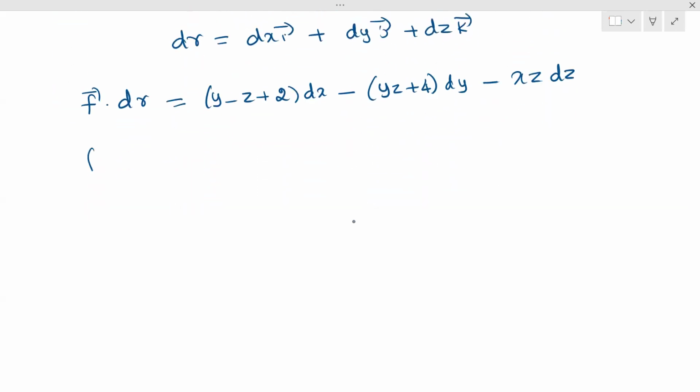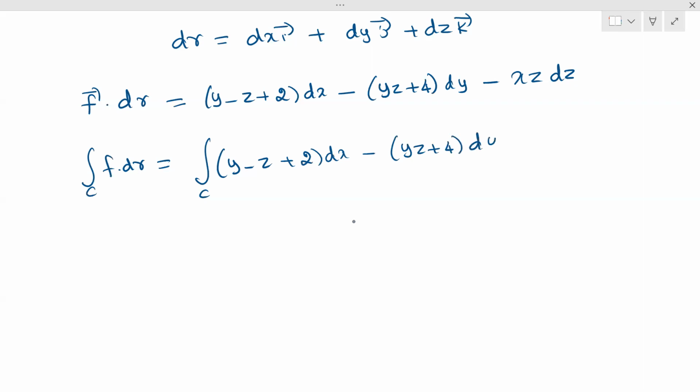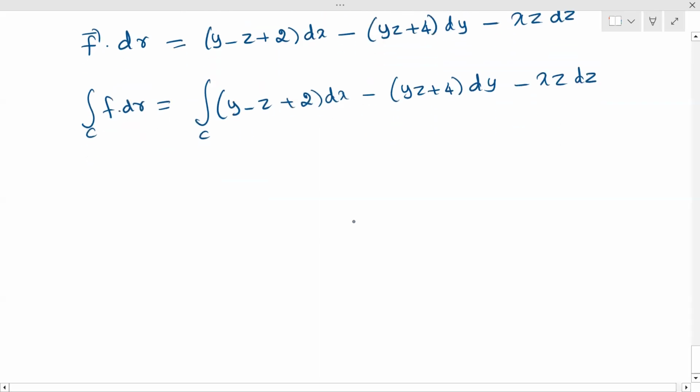The integral over C of F dot dr is equal to the integral over C of (y minus z plus 2) dx minus (yz plus 4) dy minus xz dz. So here we have to evaluate the line integral.